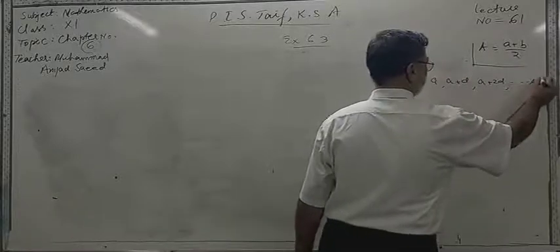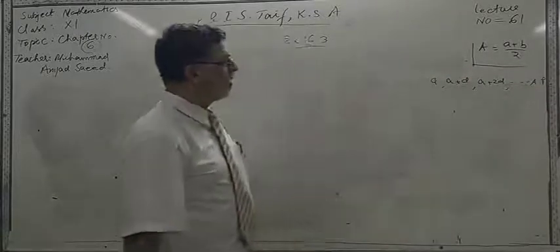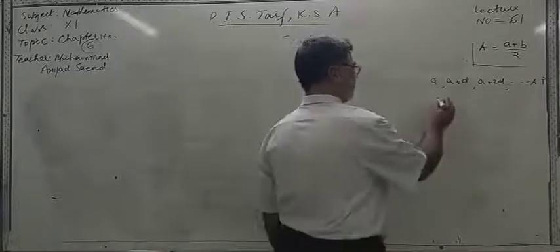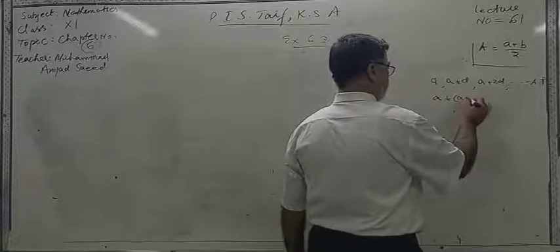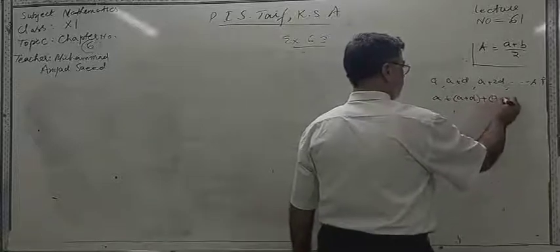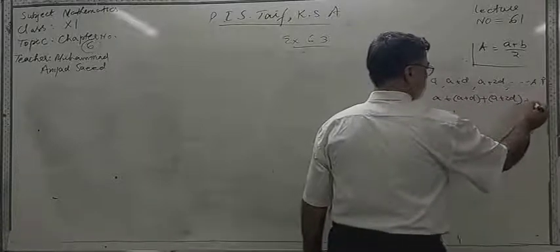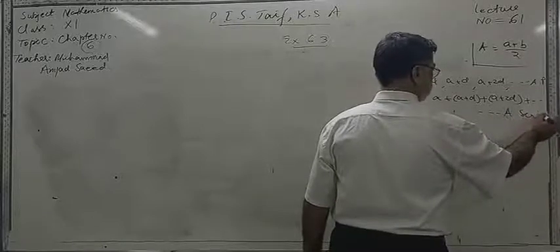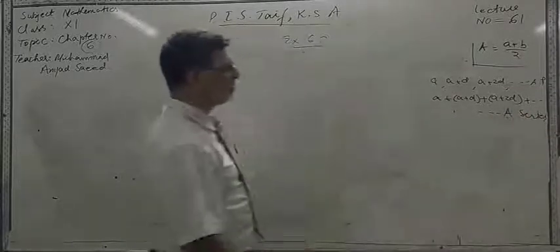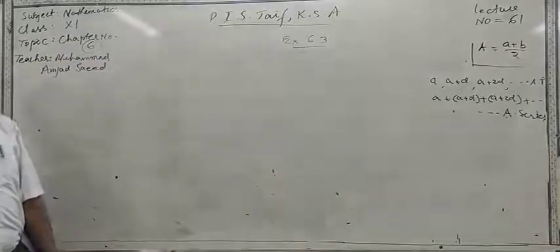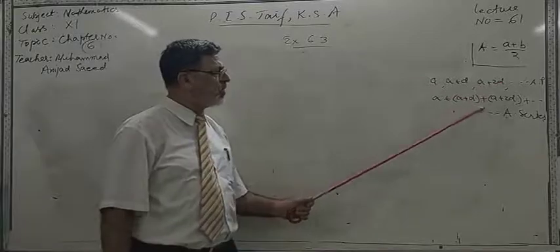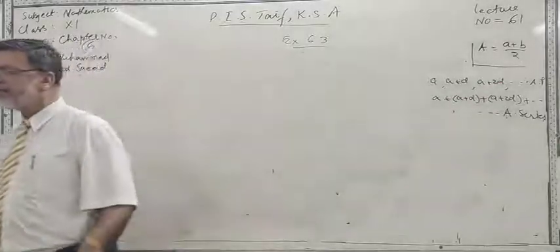This is arithmetic progression. If you add these terms of AP, a plus (a plus d) plus (a plus 2d) plus so on, it is known as arithmetic series.